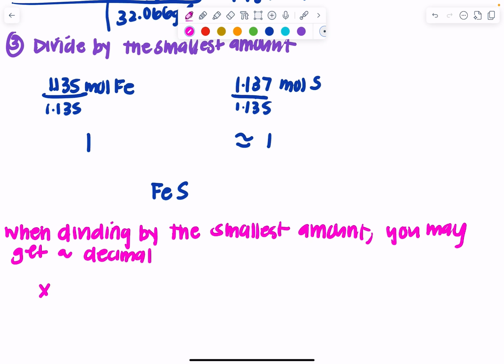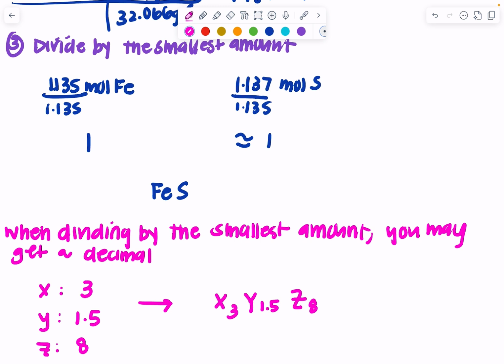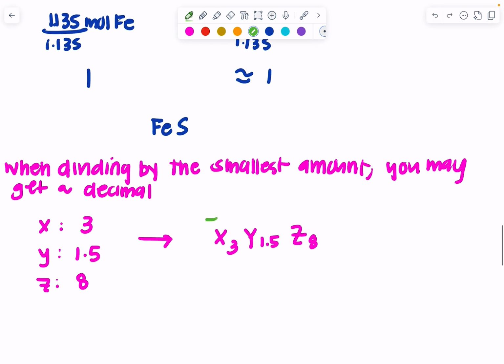So let's say X is 3, Y is 1.5, and Z is 8. Technically, your empirical formula should look like this: X 3, Y 1.5, Z 8. This is the simplest ratio. However, we know that we can't have 0.5 of an atom. So what we're going to do here is we're going to multiply all of these by 2.